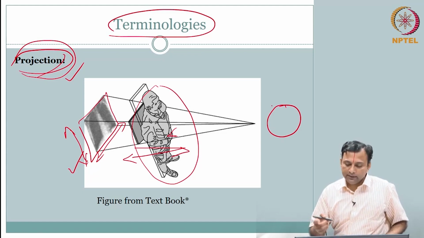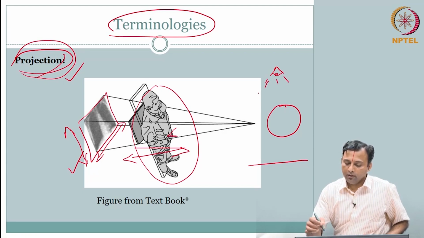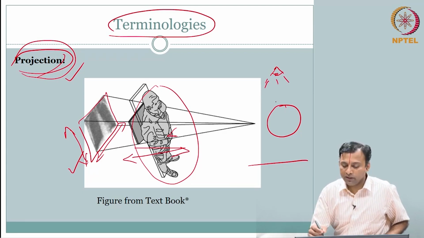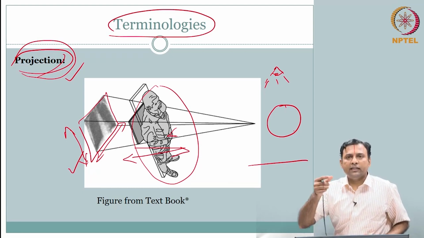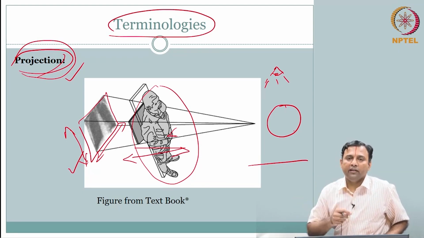If I have a circular disc, what is the projection? So, I am going to see from here. I see from there. This is going to be a circular disc. A circular disc has no thickness, so it is a 2D, right. So, what will it appear?